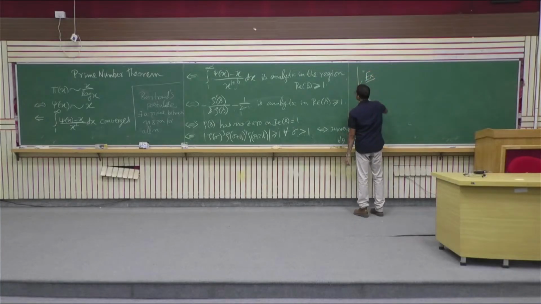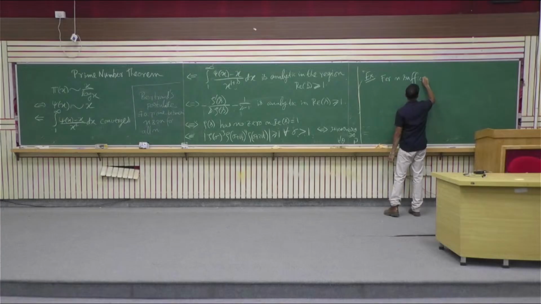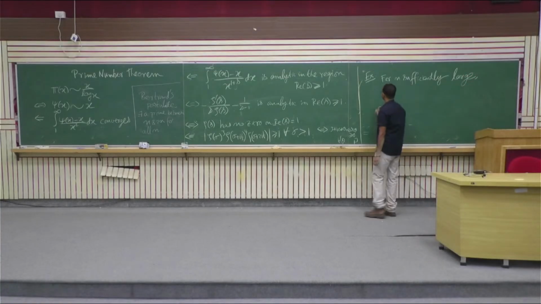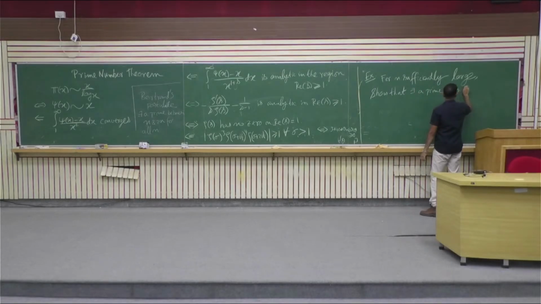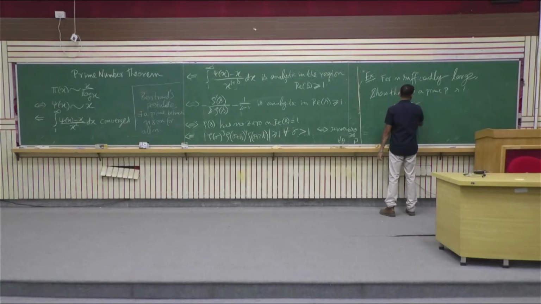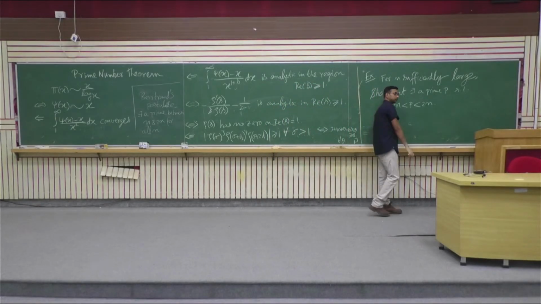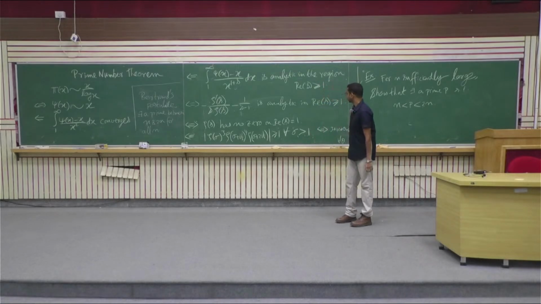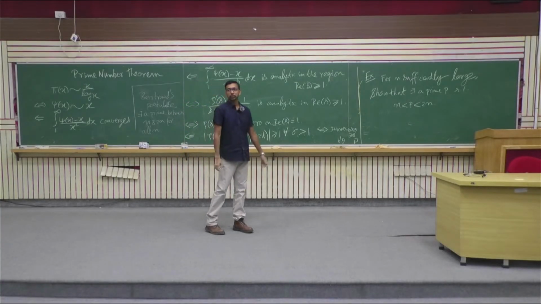For n sufficiently large, show that there exists a prime p such that n is less than p less than 2n. So use the prime number theorem to obtain this.